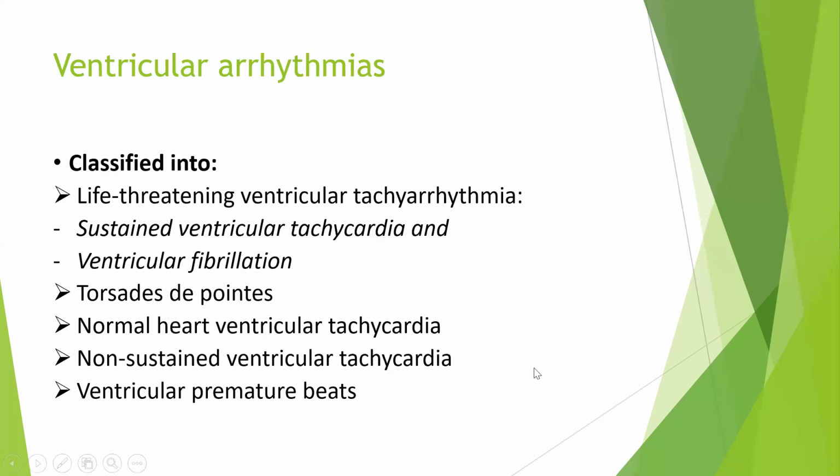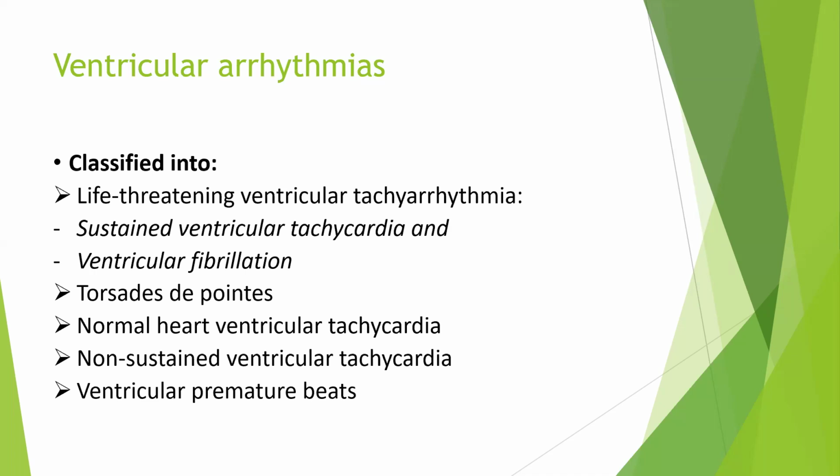Okay, so let's look at ventricular arrhythmias. Like we did before, when we talked about atrial arrhythmias, let's talk about ventricular arrhythmias. So they can be classified into various types. The commonest ones are the life-threatening ventricular tachyarrhythmias, the VTACs, and the ventricular fibrillation that we mentioned before.